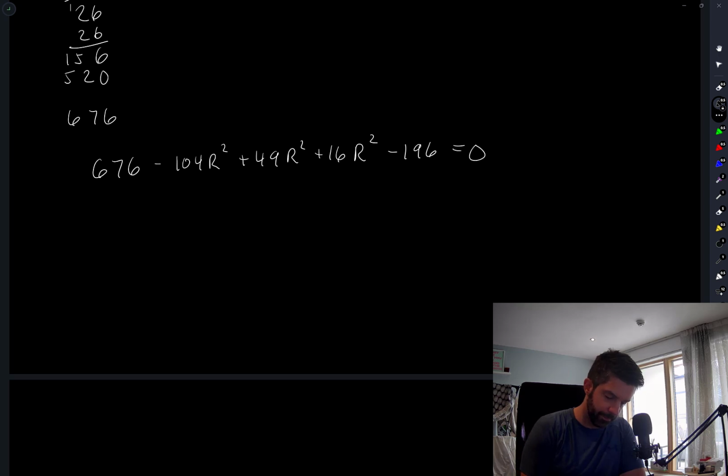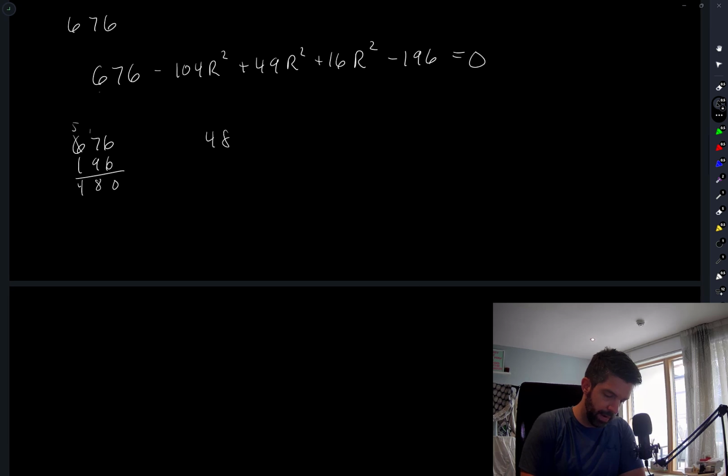Okay. 676 minus 196 is 480. So 480 is equal to 104 r squared minus 65 r squared. 104 minus 65 is 39.